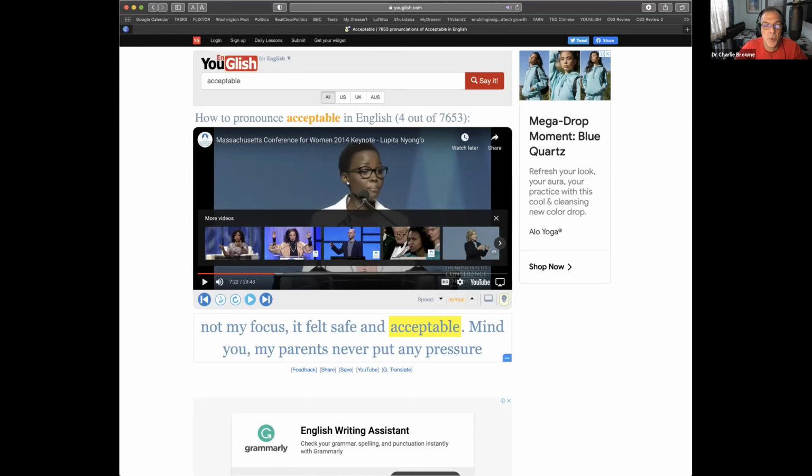In other words, if you wanted to learn the word acceptable from just incidental reading or incidental listening, the research says that you would have to be exposed to acceptable somewhere between 15 and 30 times before you would actually learn the word. And it's just very difficult to be exposed to the word that many times in different contexts. So it takes years for that kind of learning to really amount to a significant amount of learning.